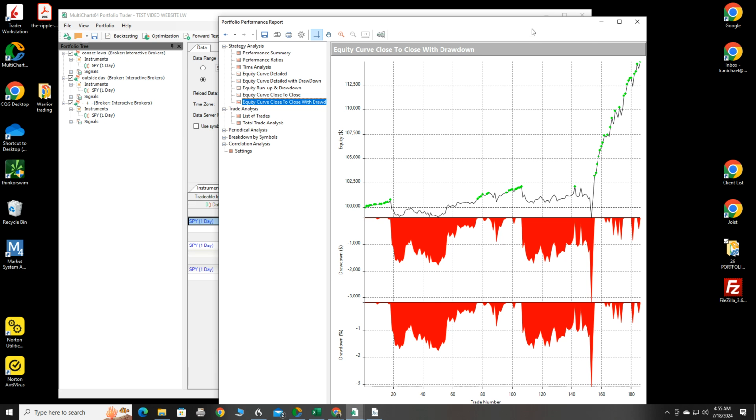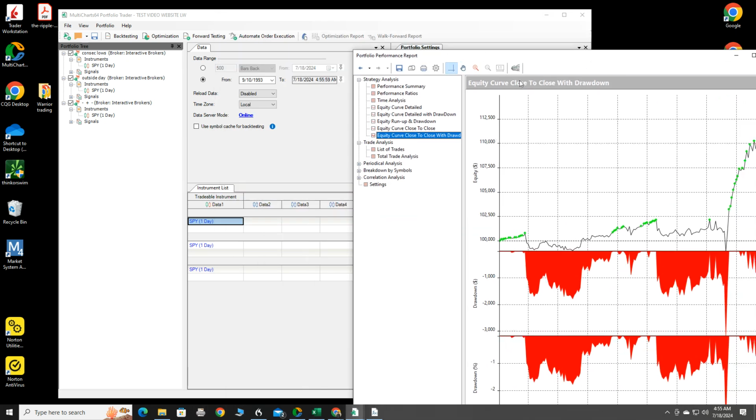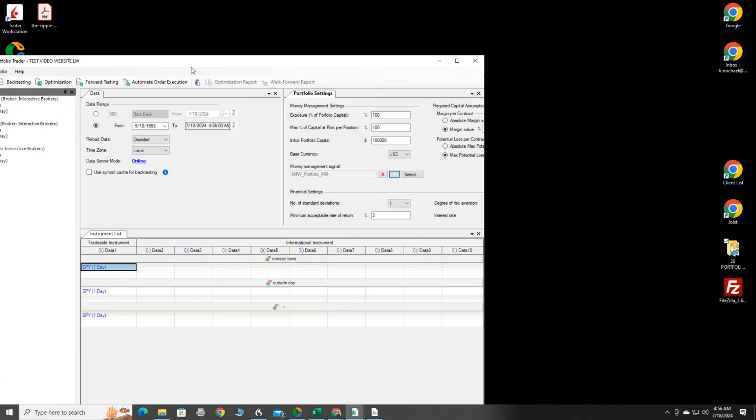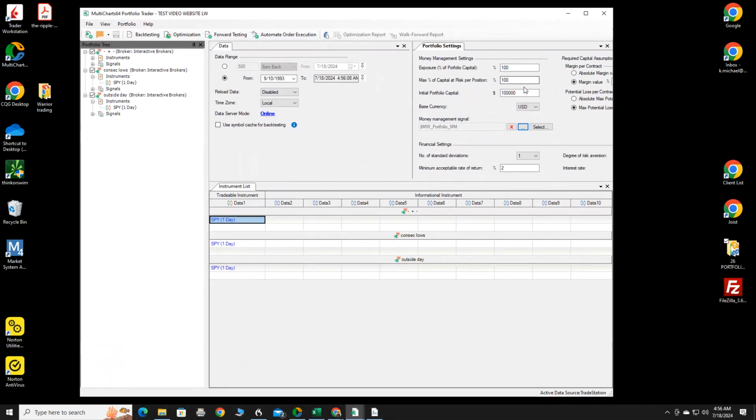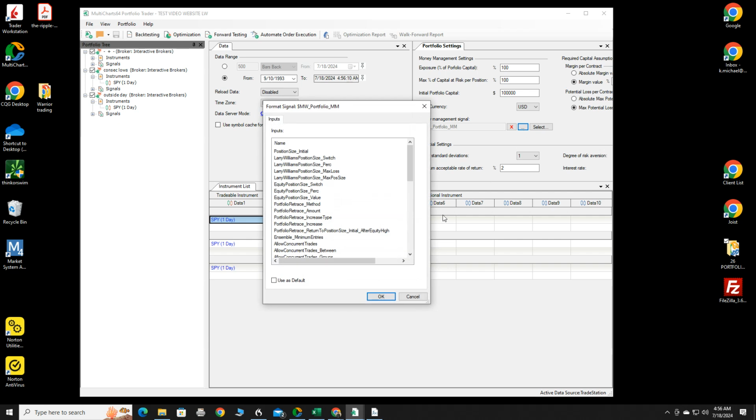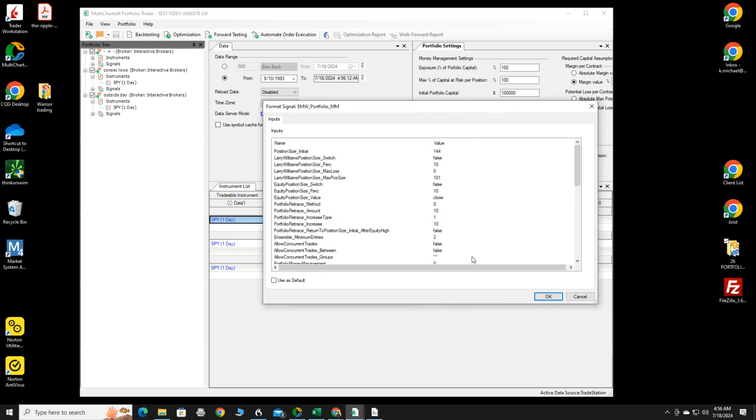Okay, now what we want to do, what happens if we turn this on, and let's set it to 2. Same strategies, come down, ensemble set to 2. We must, of the 3 strategies in the portfolio, 2 of them must be trading at the exact same date for us to actually take a real trade.